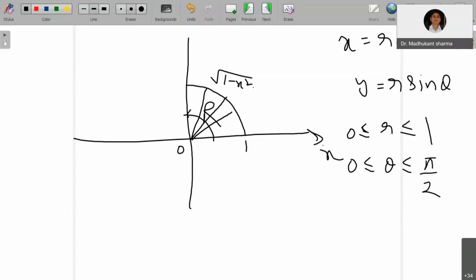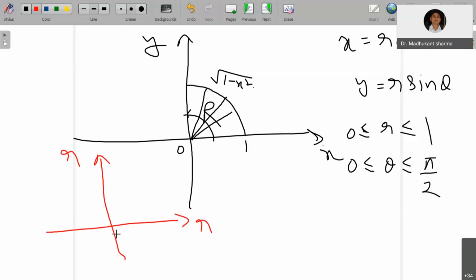So x and y, and if you look at the polar coordinate system, it is r, let's say theta, r equals to 0 to r equals to 1, and theta equals to 0 to theta equals to pi by 2. So this will be a rectangle in the r theta coordinate system.